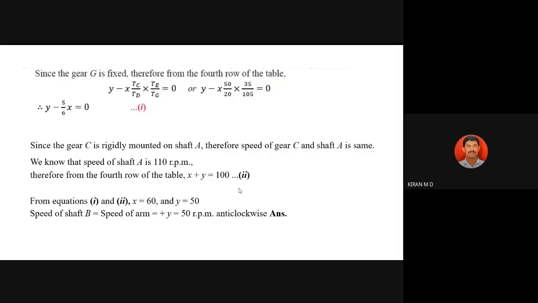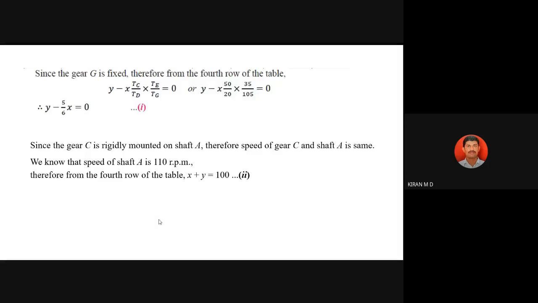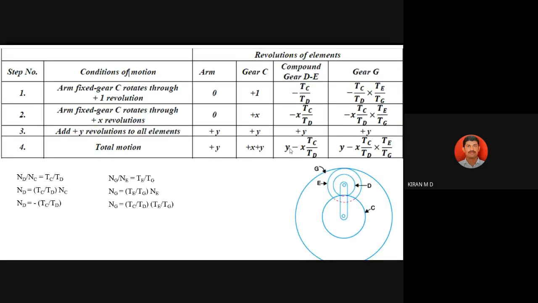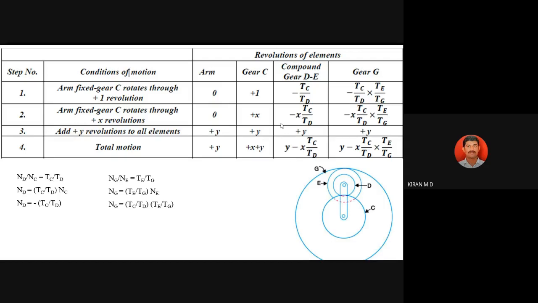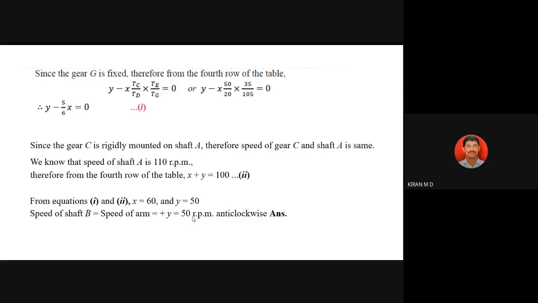I have not completed that one. So the speed of shaft B is equal to y minus x into TC by TD. We have already found y is 50 and x is 60. We know the TC and TD, so you can get the speed of shaft B. Here we only found the speed of this one arm. After that we have to use that equation to find the speed of shaft B.